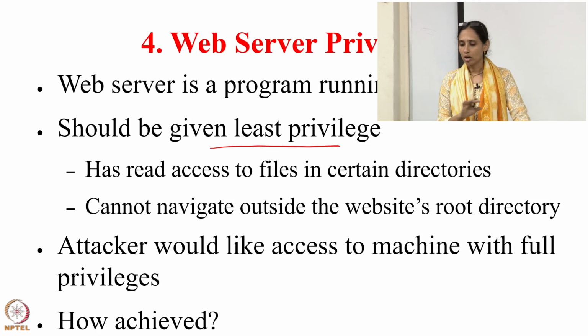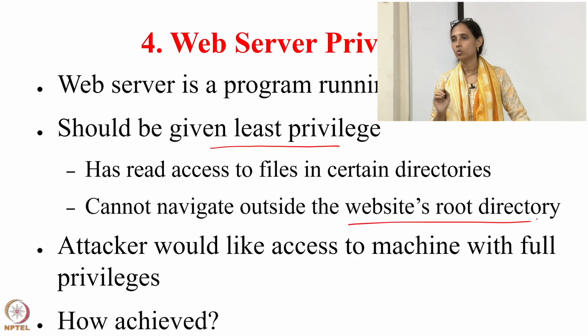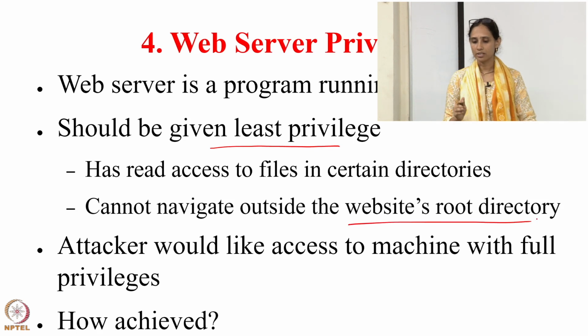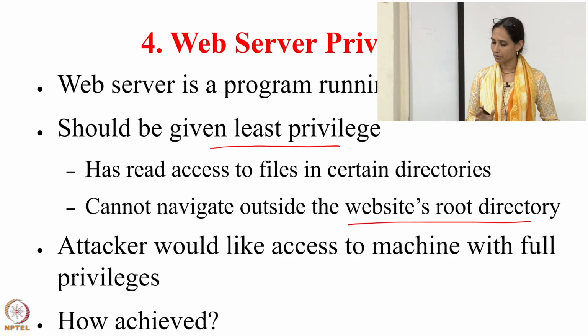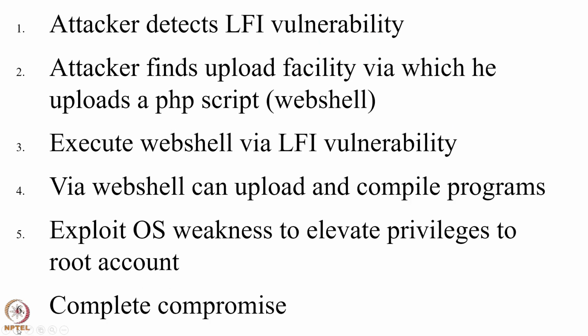It cannot navigate outside the website's root directory. This is in some sense a sandboxing type of thing, but then of course the attacker wants root access beyond this. So how is this achieved? This is not the only method, there are other methods also. Based on what I have covered, I am bringing them all together.